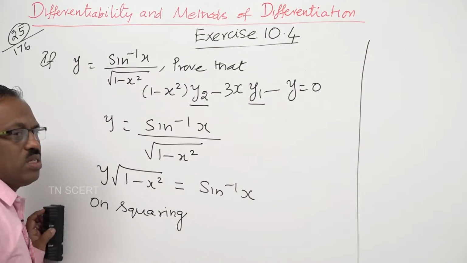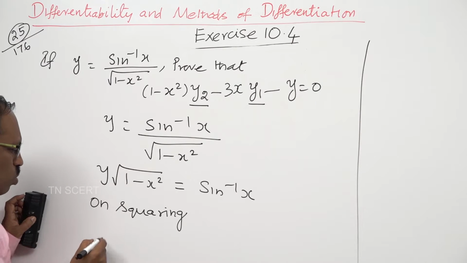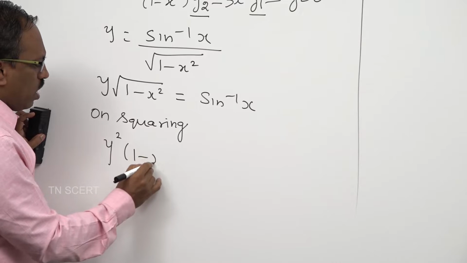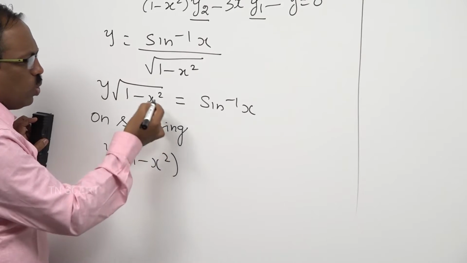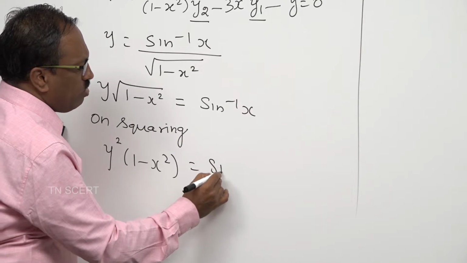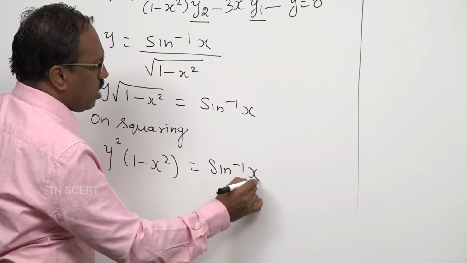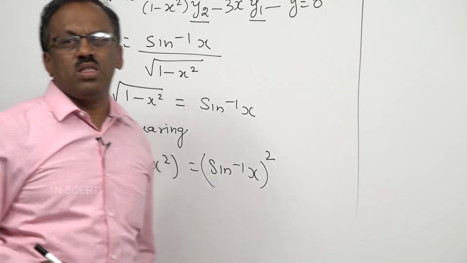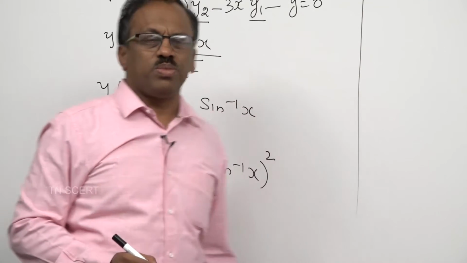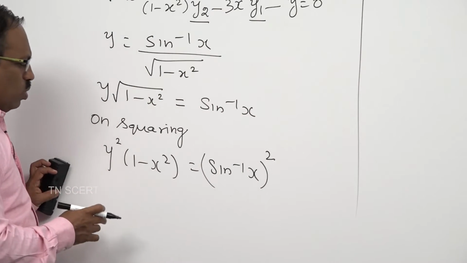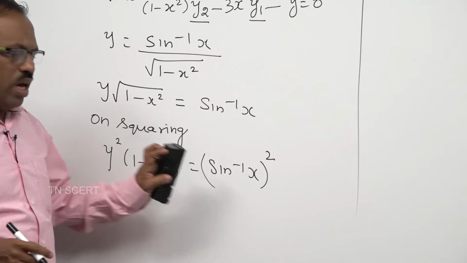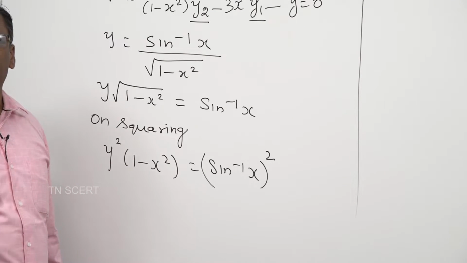Squaring on both sides, that is y square equals 1 minus x square, the square root will go, sin inverse x the whole square. Remember that. Like this the term exists. Now you can differentiate the function.